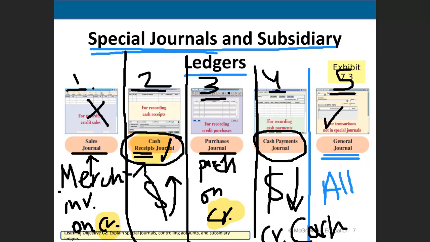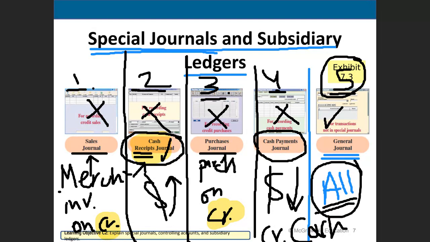If there is no special journal for sales returns, then it will go to the general journal. So the general journal will accommodate all other transactions, all other journal entries. Anything that cannot be included in 1, not in 2, neither in 3 or 4, it will go to the general journal. Okay.